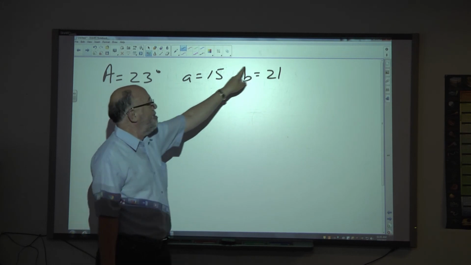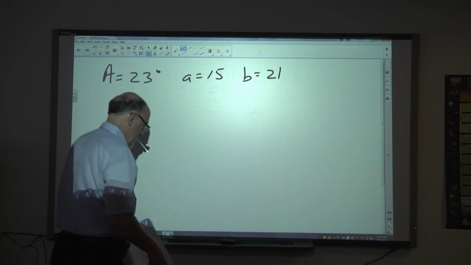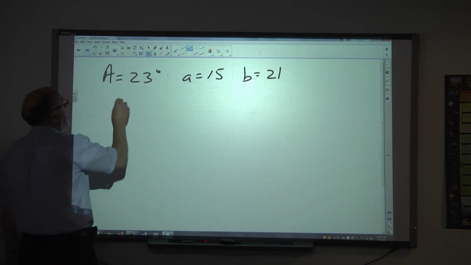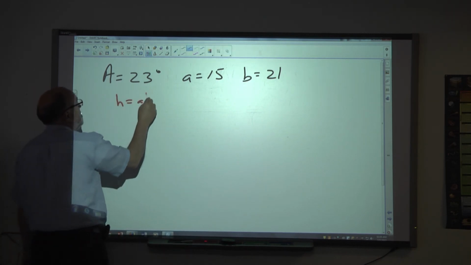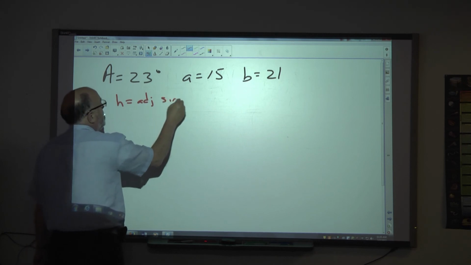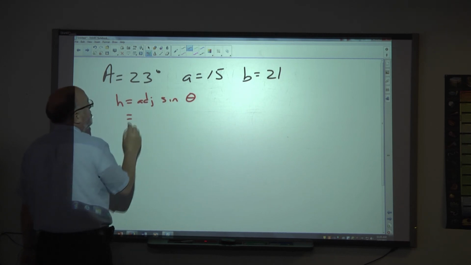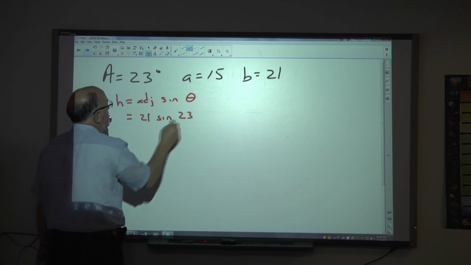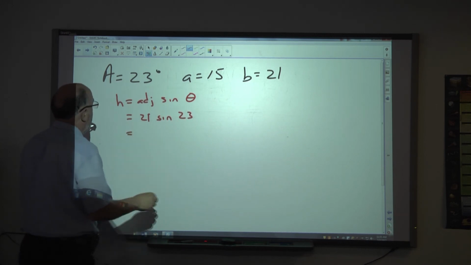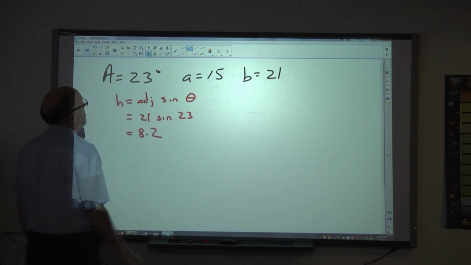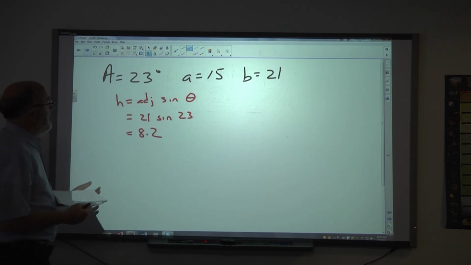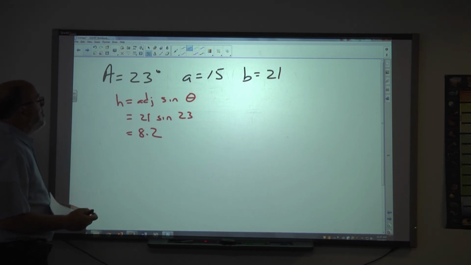So my opposite is less than the adjacent. The first thing I need to do is find the height. The height is given by adjacent times sine theta. So we get 21 times the sine of 23, and this number comes out to be 8.2. And this number is less than that, which tells me that there could possibly be two triangles.